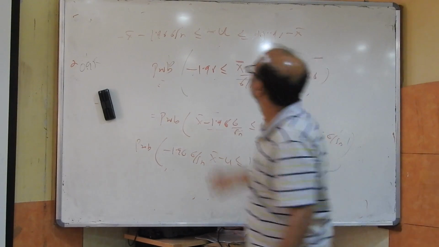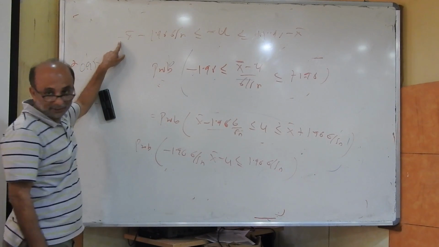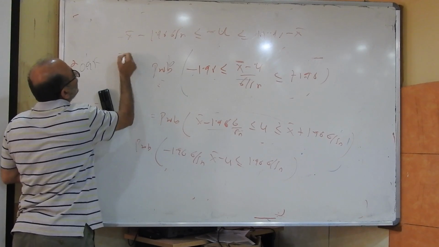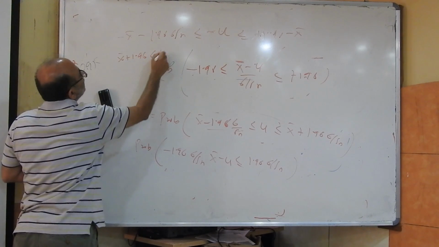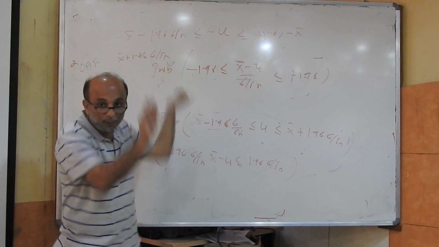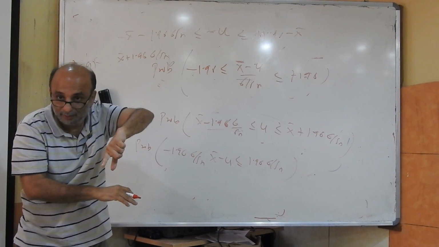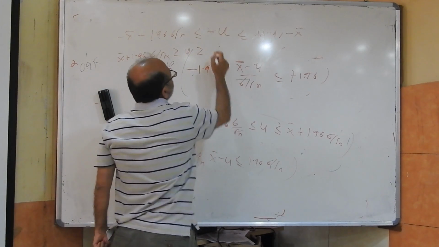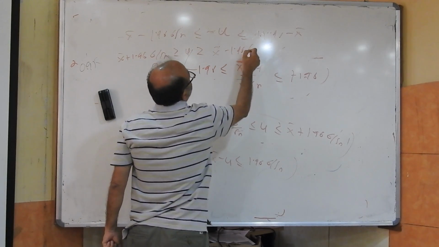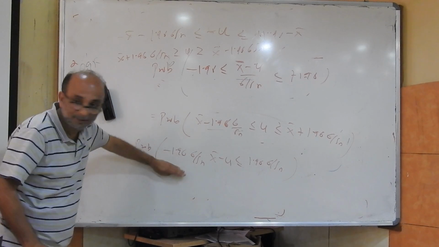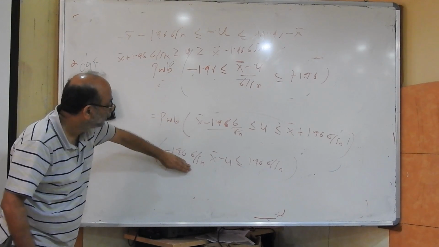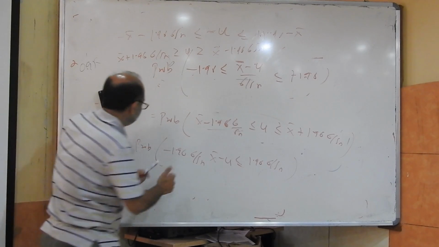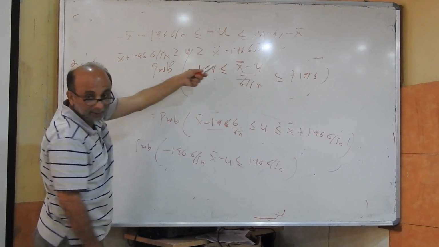Now let me multiply this by minus 1. So what do I get? X bar plus 1.96 sigma by root n, but the inequality will become reversed. So this will become plus mu, plus X bar minus 1.96 sigma by root n, which is this. Is this clear?